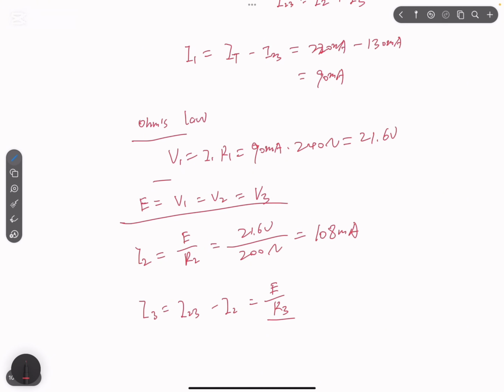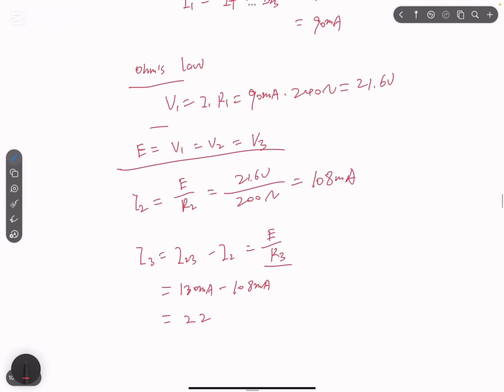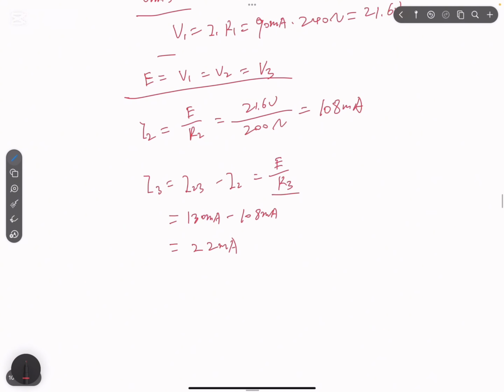But we don't have R3 yet, so we should use I23 minus I2. That will give us 130 milliamps minus 108 milliamps, so that will be 22 milliamps. So that's the current for I3.